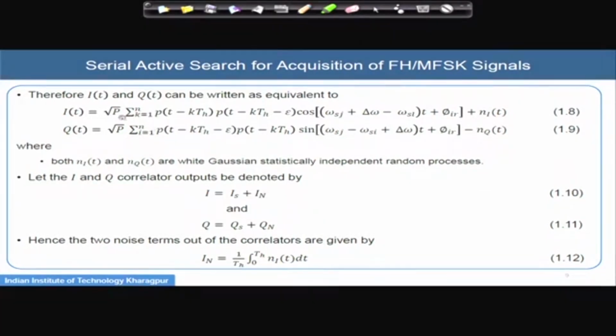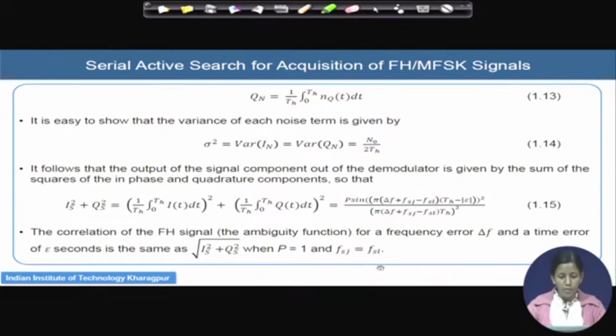If we consider the first one to be IS, then obviously you can write down 1.8 and 1.9 as 1.10 and 1.11 simply. Now let us look inside these noise terms. At the output of the correlators, the correlator will take both of them individually, integrate over the interval of our interest, which is the hopping interval, and average it out.